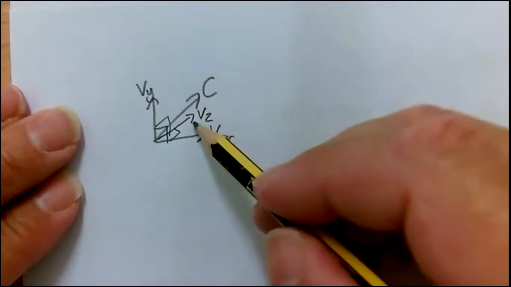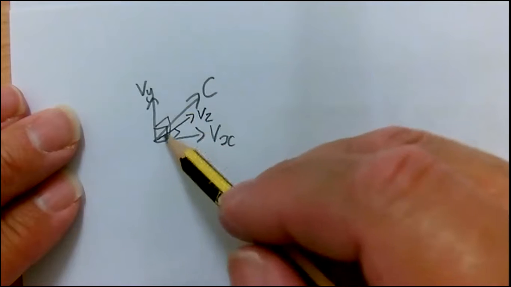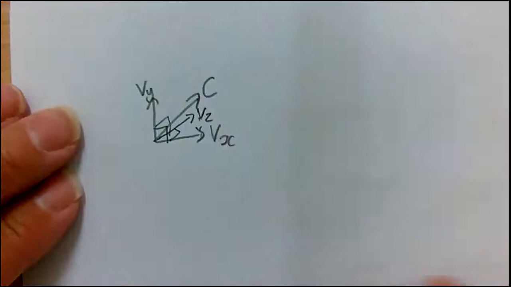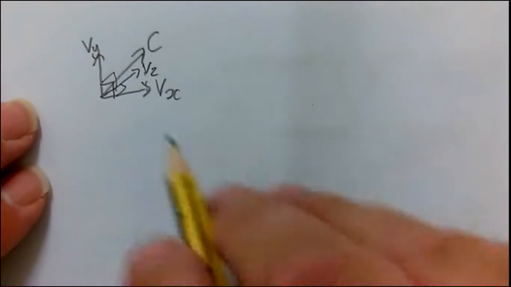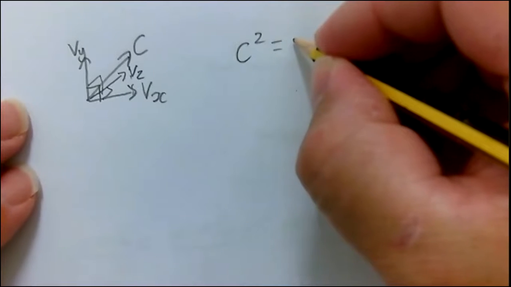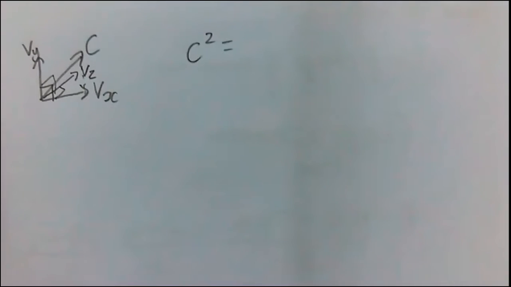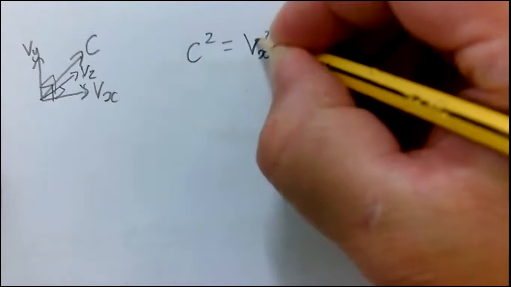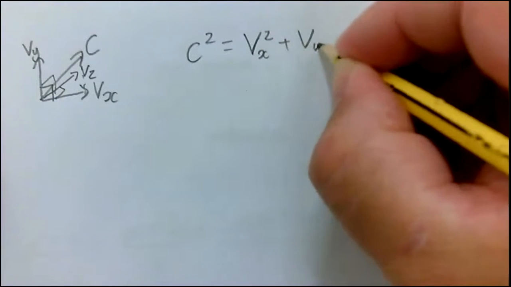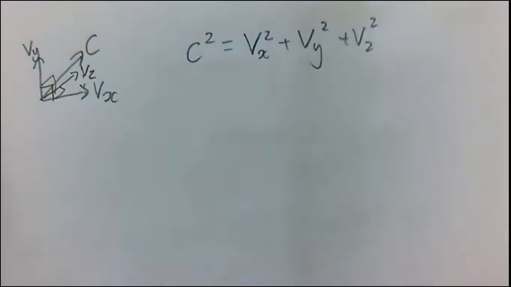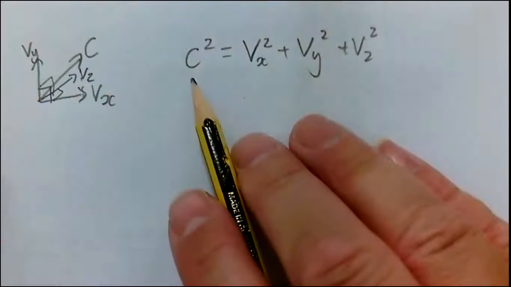All these Vx, Vy and Vz are at right angles to each other, so it's a corner of a cube. So c is basically the hypotenuse of a triangle. To get c, we use Pythagoras' theorem, only a 3-dimensional version of it: Vx squared plus Vy squared plus Vz squared comes out to be the actual speed squared.